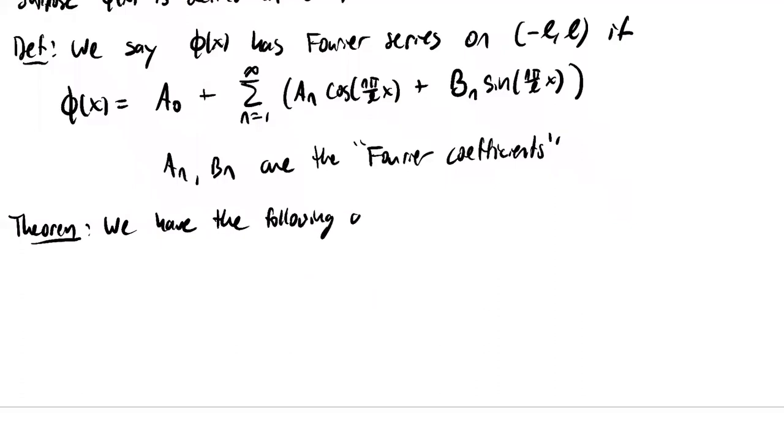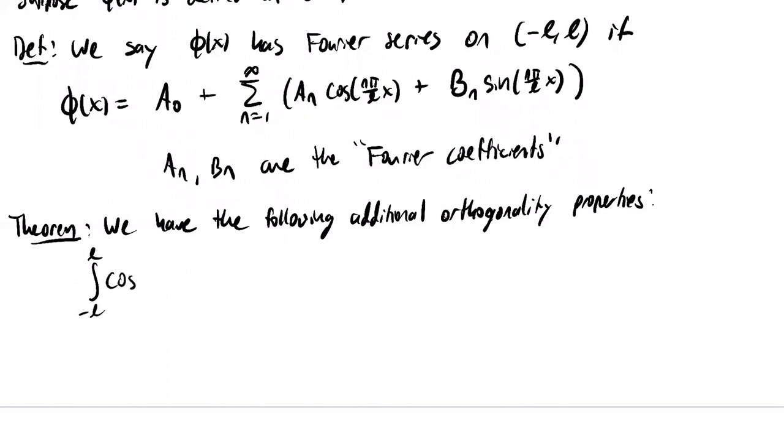So we have the following additional orthogonality properties. Right, and so if I look at the integral from minus L to L, and let's say I take the cosine term, cosine n pi over L x.